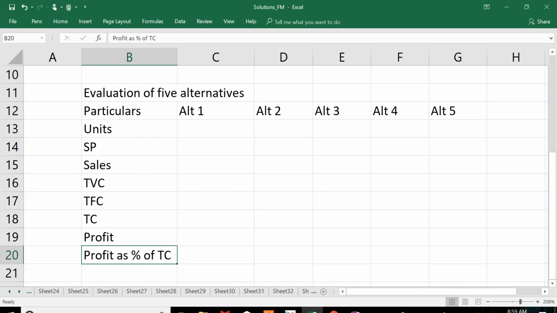Otherwise, to calculate only the profit, the easier way is the contribution approach: selling price less variable cost, contribution per unit, total contribution less fixed cost, and profit. That's the easier way. But the Institute has taken profit as a percentage of total cost to make the decision. So unit selling price you multiply, you will get the sales. Units into variable cost will give you TVC, then TFC, TC, profit, and then profit as a percentage of total cost.